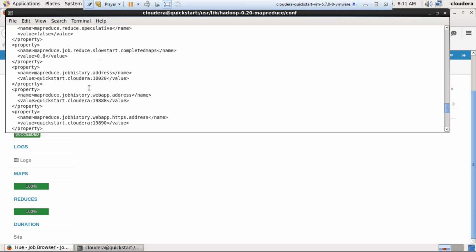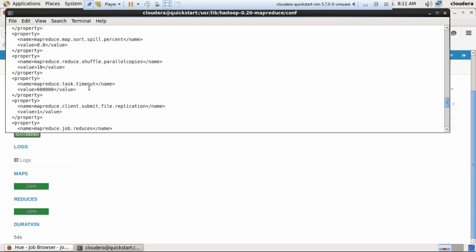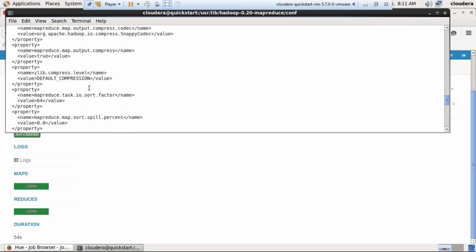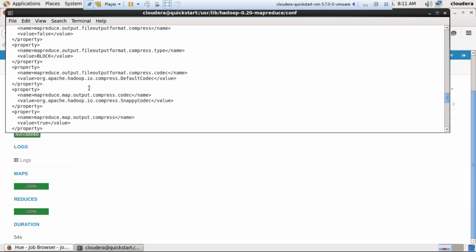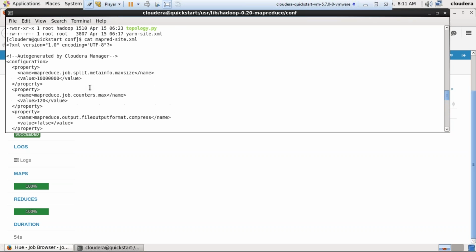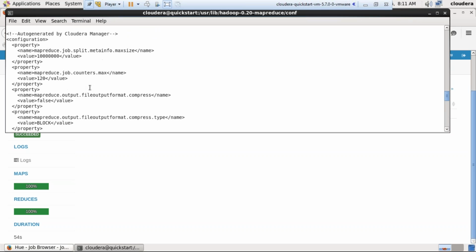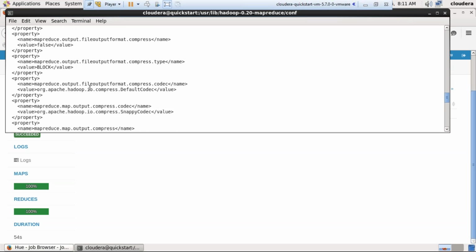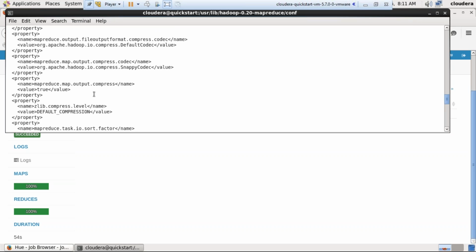Look at these properties. I don't know whether you are looking at these properties properly or not. Let me show you. All these properties are going to influence the execution of your MapReduce job. mapreduce.map.output.compress.